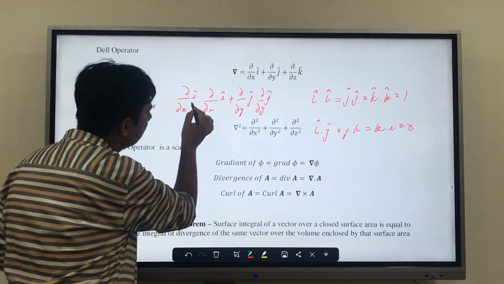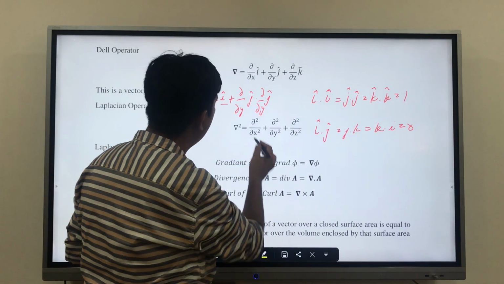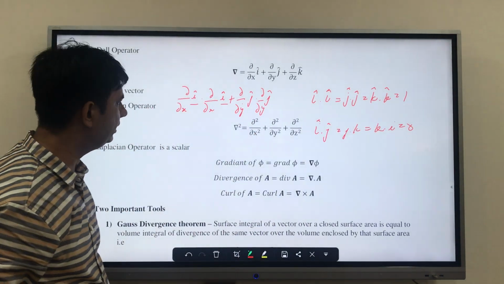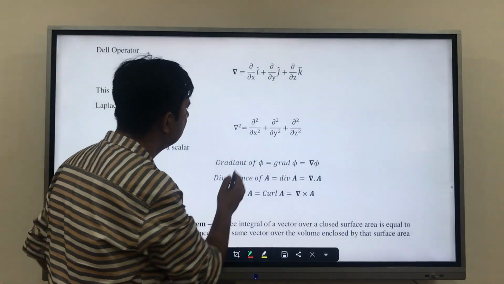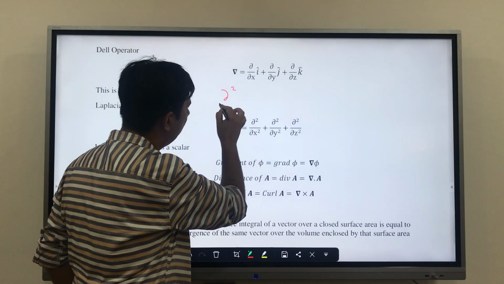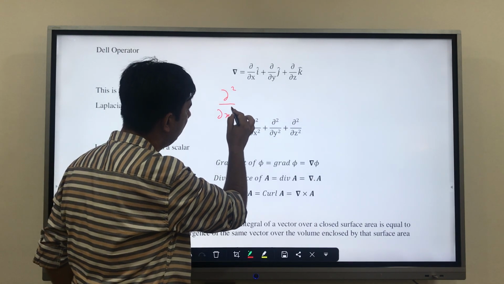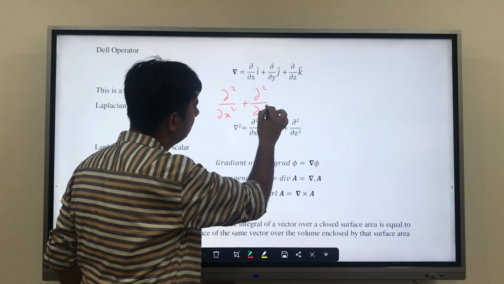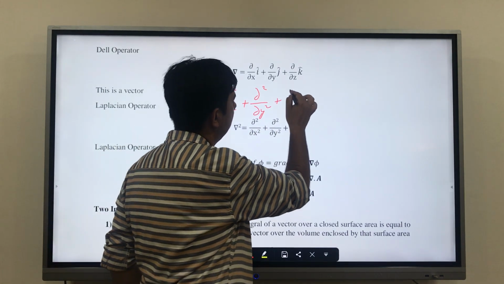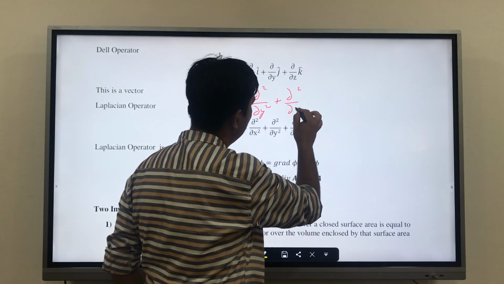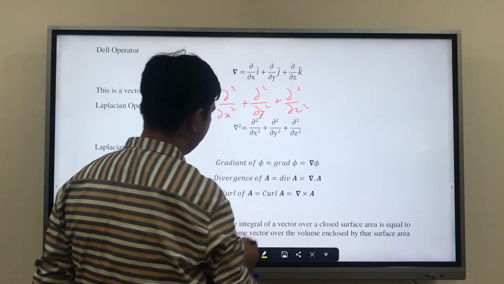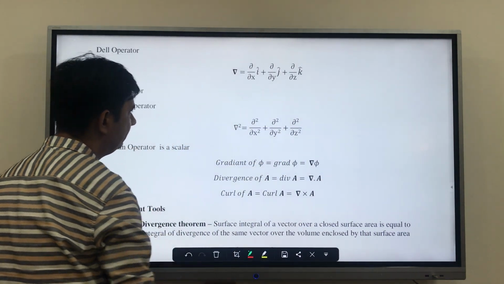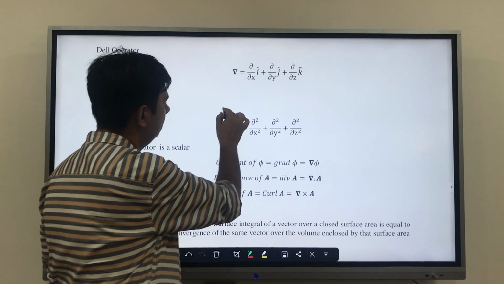So i into i is nothing but 1, j into j is nothing but 1. So what we will get is ∂²/∂x² plus ∂²/∂y² plus ∂²/∂z². So this is my final value of the Laplacian.